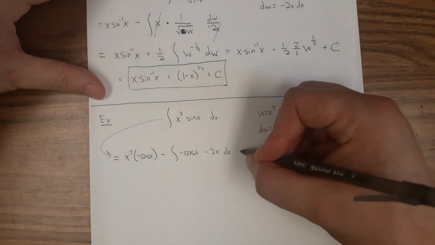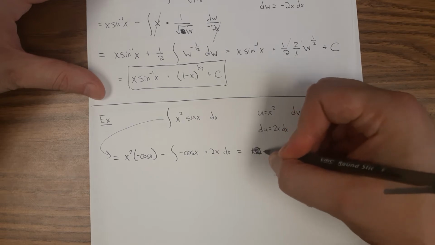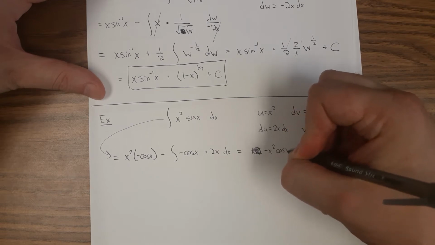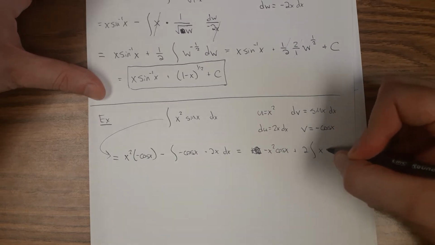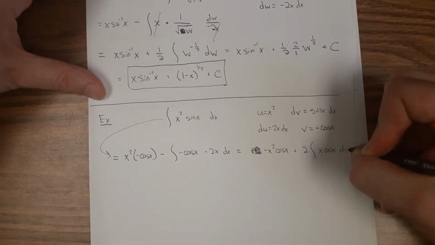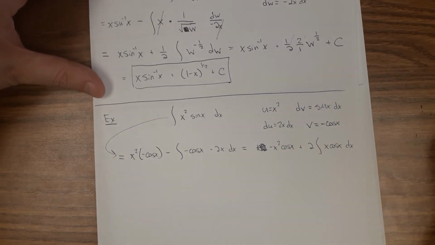Let me clean that up a little bit. Negative x squared cosine x plus 2x cosine x. Like that. The negative signs cancel and I just pulled the 2 out.